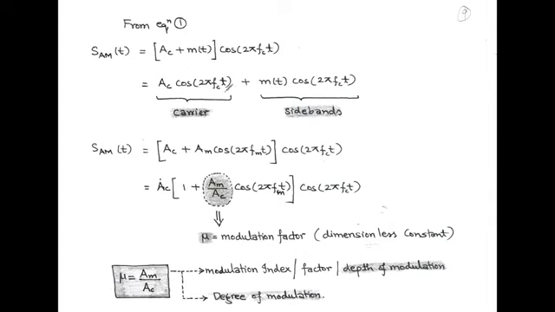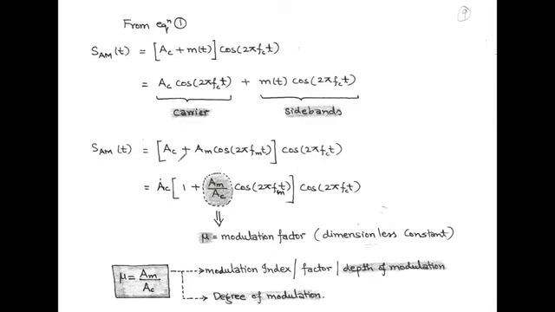Here the first term is called the carrier, while the second term, which contains the message signal, is called the sideband. So standard AM is a double sideband full carrier, because here the sideband as well as the carrier is present. If the carrier is present, it is called full carrier. So we can say that standard AM is double sideband full carrier.